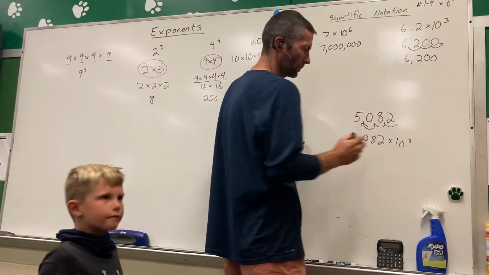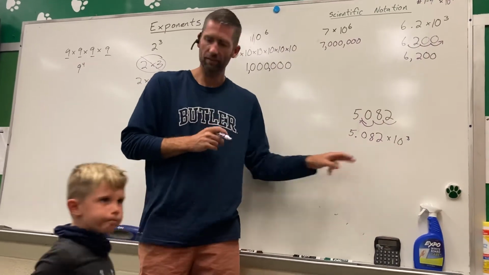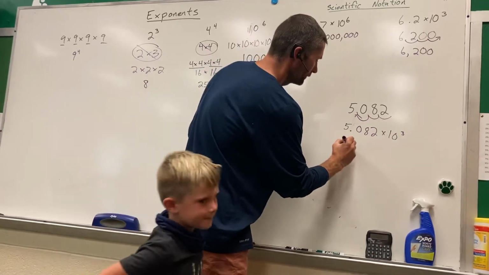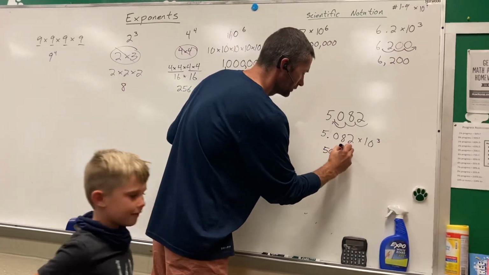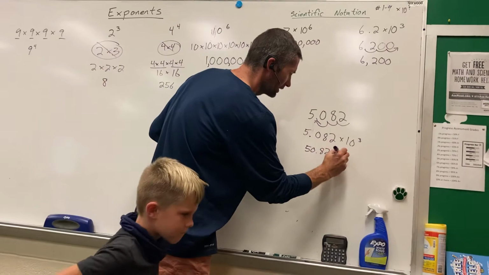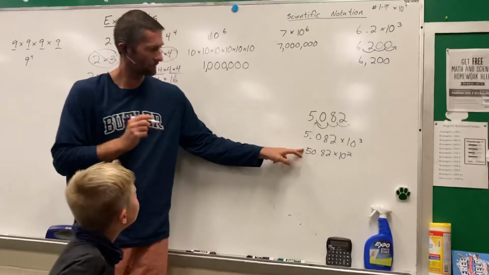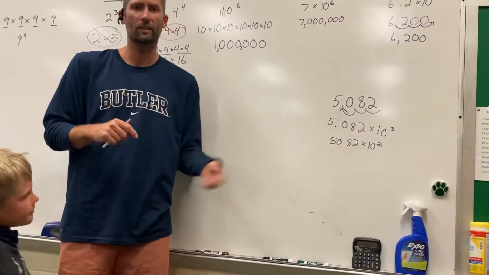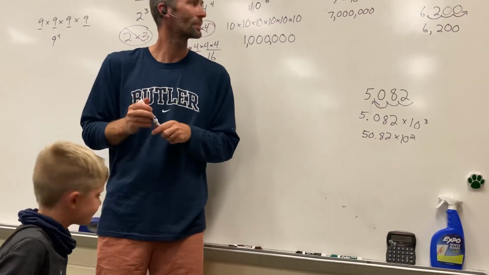Times 10 to the 3rd power. That is scientific notation, right? Yep. 50 and 82 hundredths times 10 to the 2nd power is the same answer, but is that scientific notation? No, it's not.